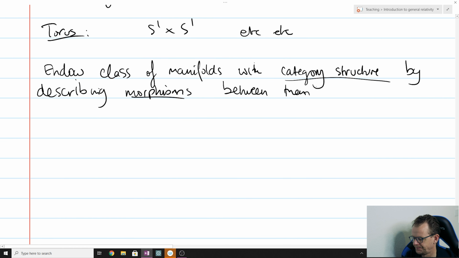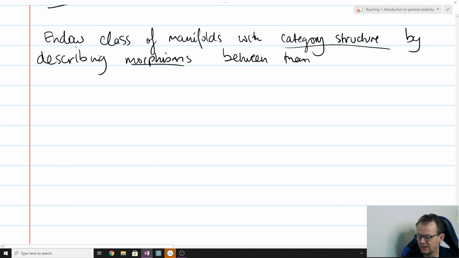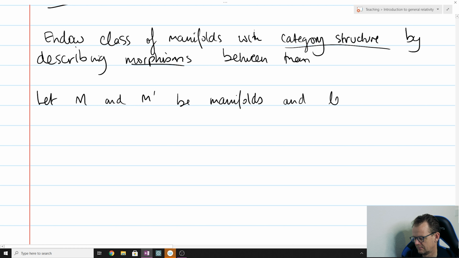Okay, let's define what we now mean by a map between two manifolds. So let M and M prime be manifolds. We're going to want to define what it means to have a map from M to M prime. Let psi alpha and psi beta prime be the coordinate charts, where the underlying cover is now left implied.